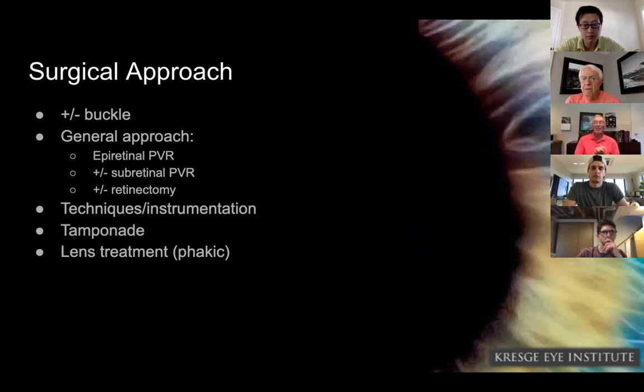So I have a question there, and this would be hard to tell, and that would be an advantage with your 42 band. Let's just say it's a very severe PVR, and you think ultimately you're going to need either a 180 or potentially 360 retinectomy, would you put on a buckle at that point?